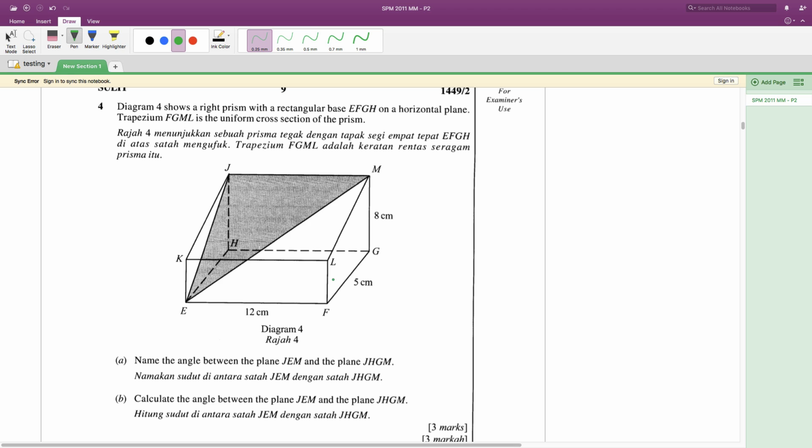That means both of these trapezium are exactly the same, because the question says uniform cross section of prism. Whenever it's a prism, you have two identical areas. So name the angle between JEM and JHGM.